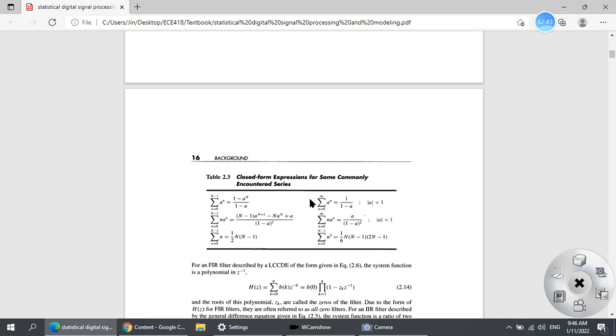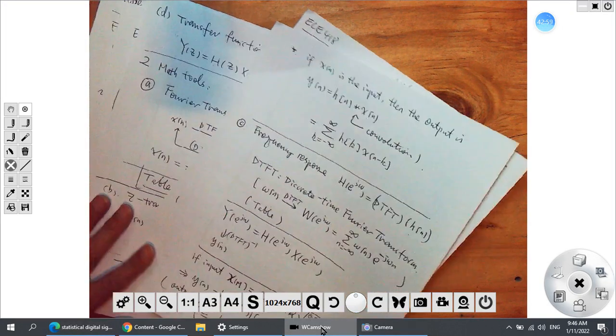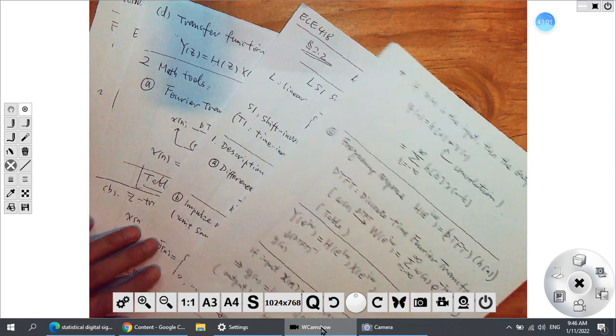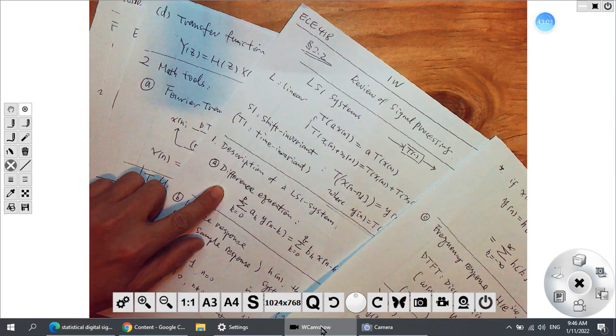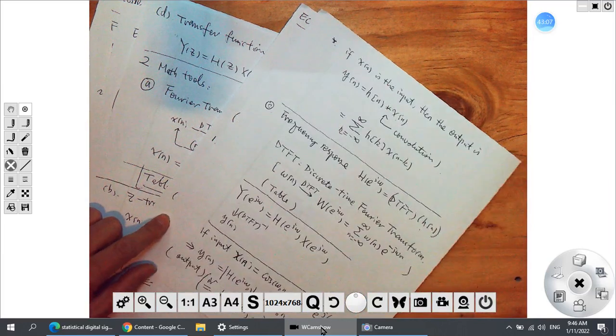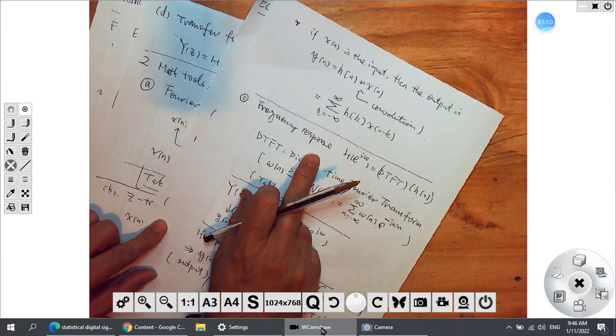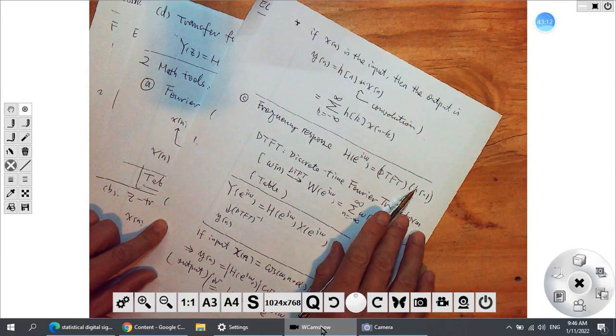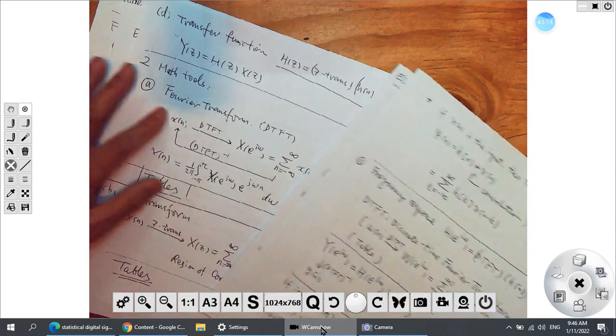The frequency response, and we have the transfer function. Yeah, sorry, I forgot it. So we have several things, right? We have the difference equation, then the impulse response, then the frequency response, which is the DTFT of the impulse response, obtained by performing the Fourier transform.